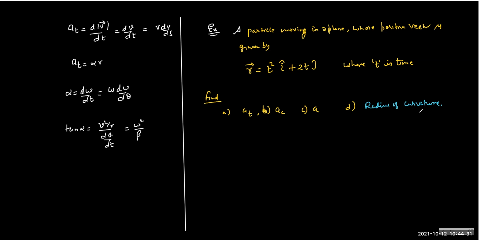Sir, what is the tangential acceleration? So tangential acceleration is 2t divided by root of t square plus 1. Now I'm finding the centripetal. First I differentiated, and then I found the magnitude of v vector, and then again differentiated. That's the right approach.